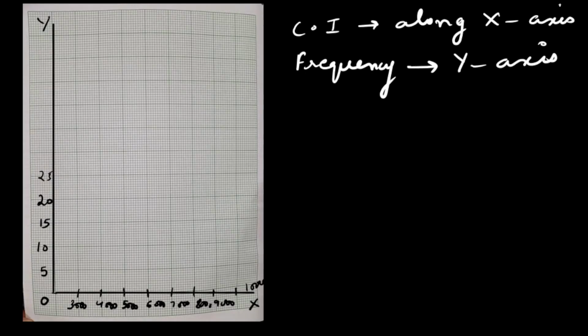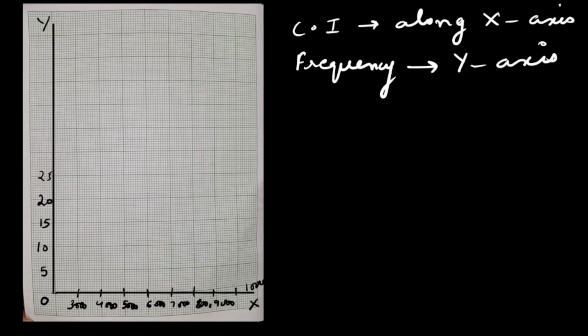So this way it's fine. I have written frequency along the y-axis and class intervals along the x-axis. This is done. Now we just have to plot the histogram.